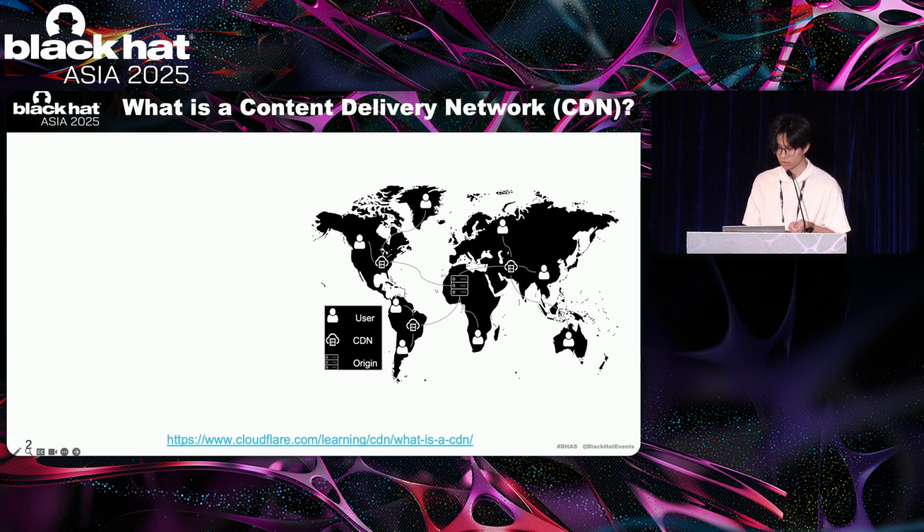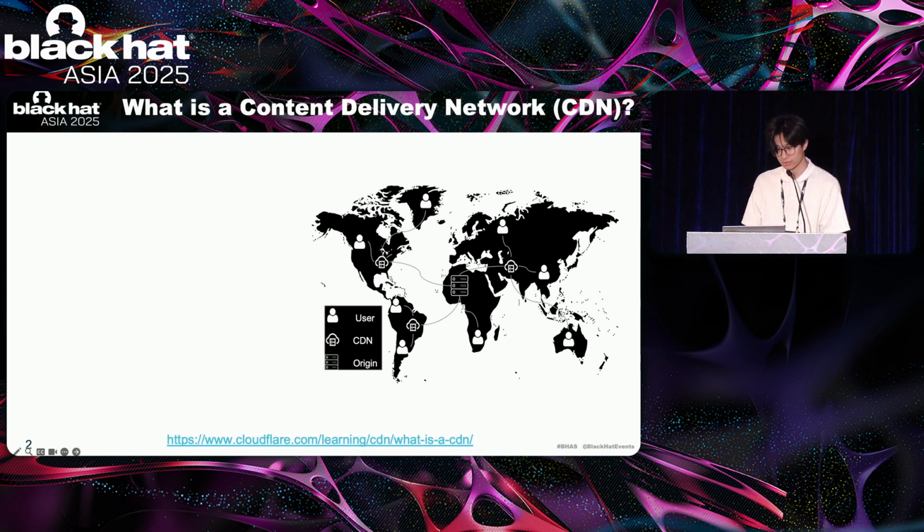Now, enter the magic of CDNs. A CDN is essentially a global distributed network of servers that caches content closer to end users. Think of it as a high-speed shortcut for accessing web content. You can see the right figure.